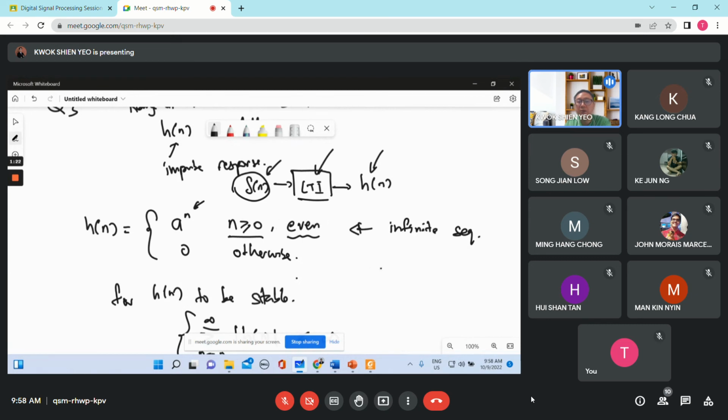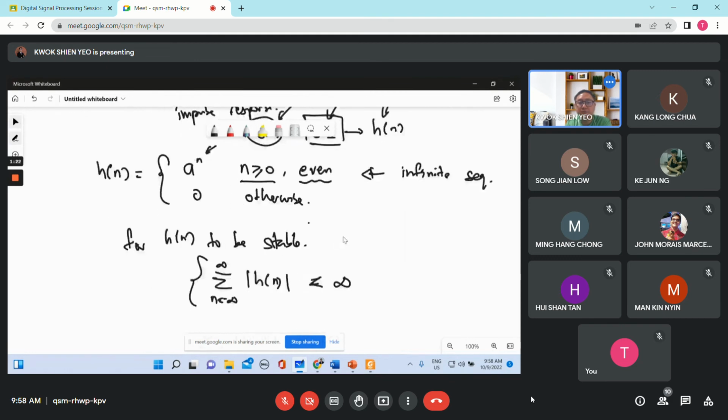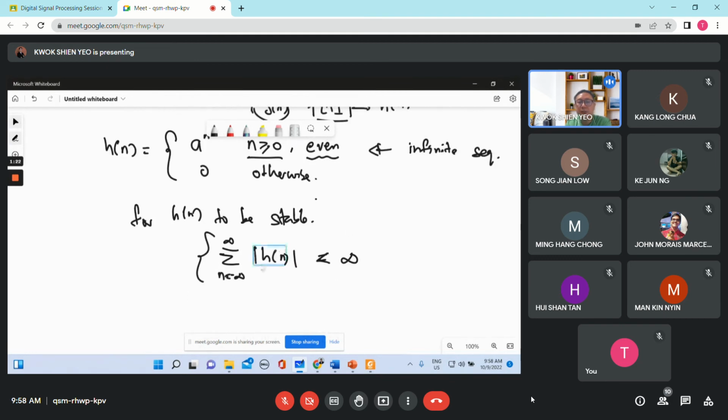So in order to consider all the values, they are finite, so we can assume that if all the elements added up together is not infinity, then the system sure will be stable. So we need to check whether the summation of all these h[n] modulus, their amplitude, so we only look at the amplitude, not the sign, is smaller than infinity.